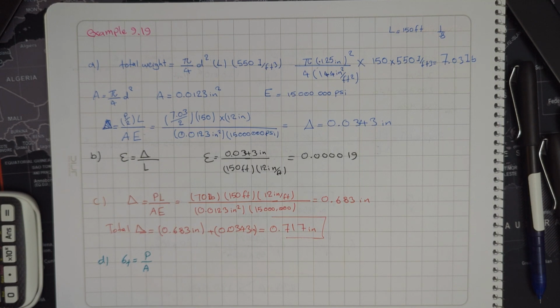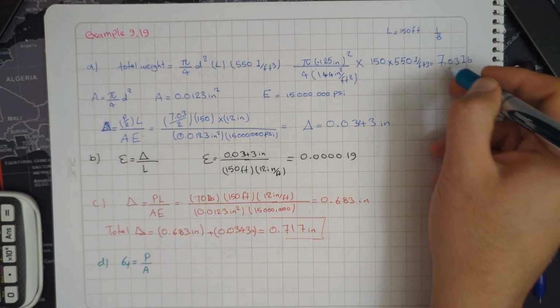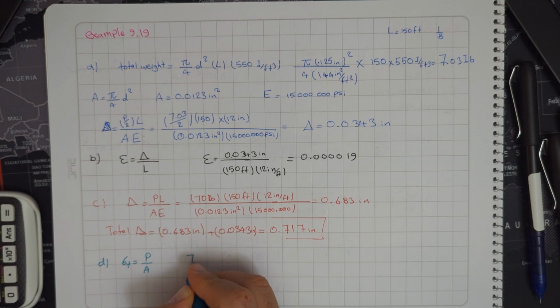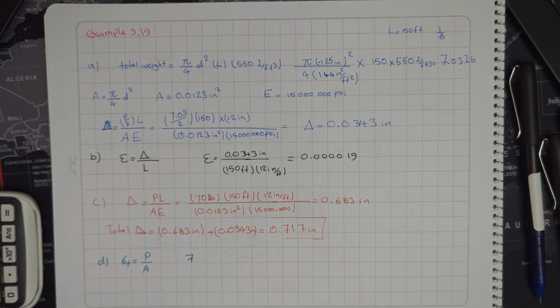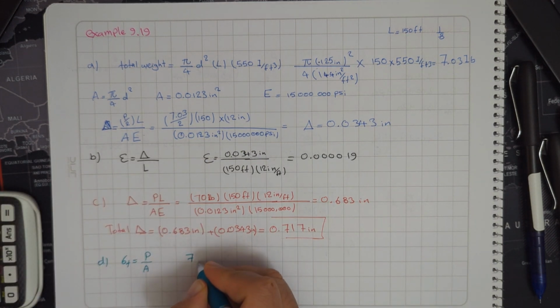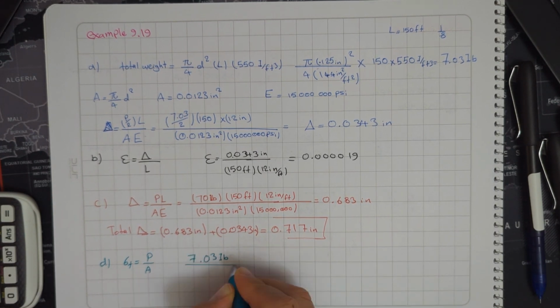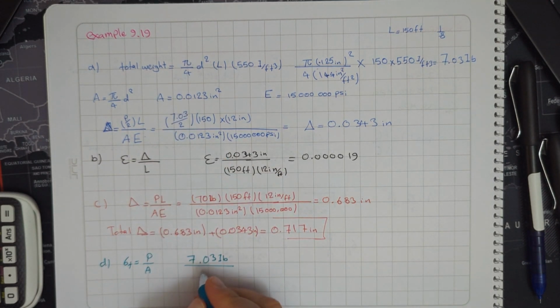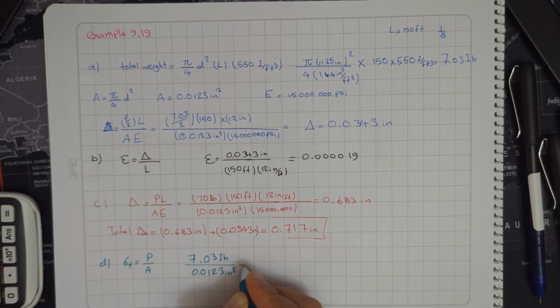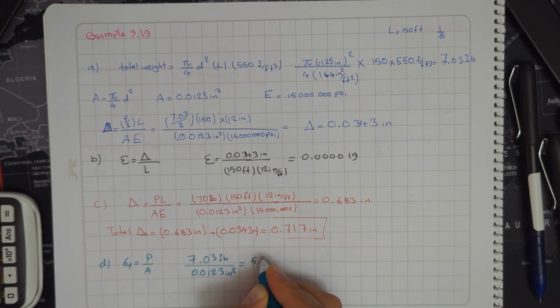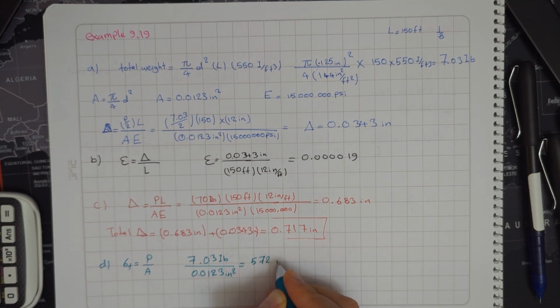So what do we have here? The weight, which is 703 pounds, over the area of 0.0123 square inches, is 572 psi.